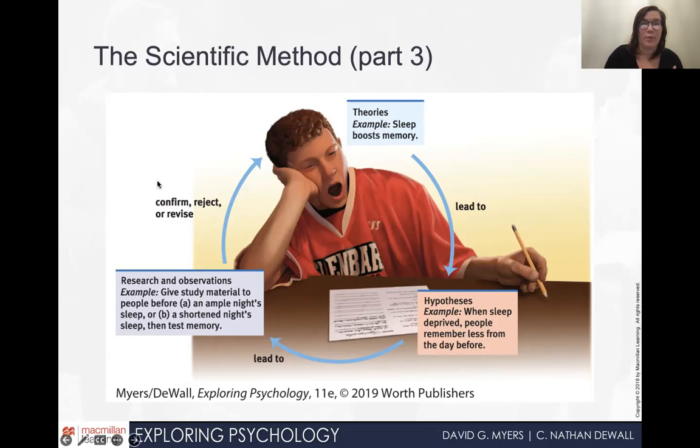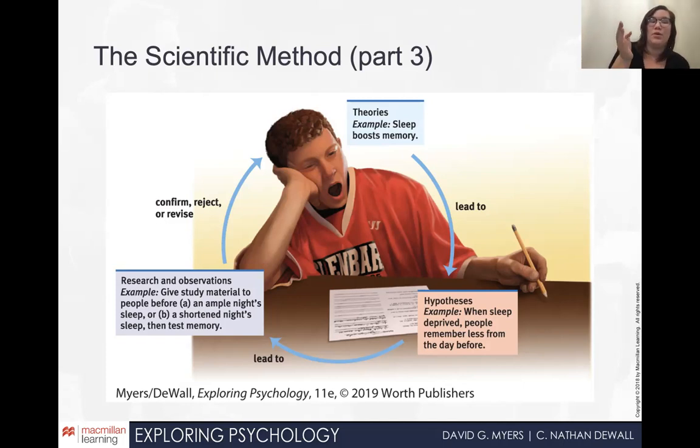And then from those results, we're either going to confirm, reject, or revise our theory, right? So confirming would be, we do see that people who had a shortened night's sleep tested lower on that memory test. Or we reject when we did not see a difference, or maybe the people who did sleep well tested lower. Or we revise it because maybe it's not the length of the sleep, maybe it's the quality of the sleep.